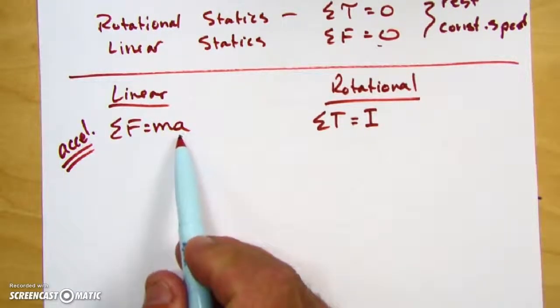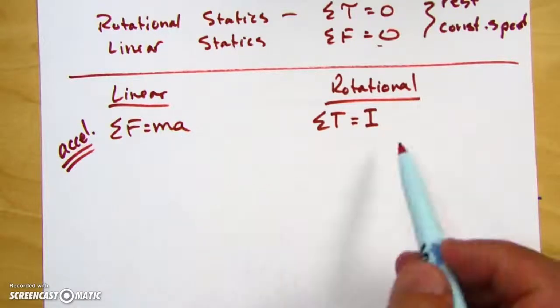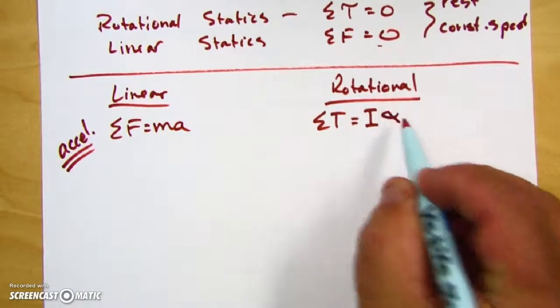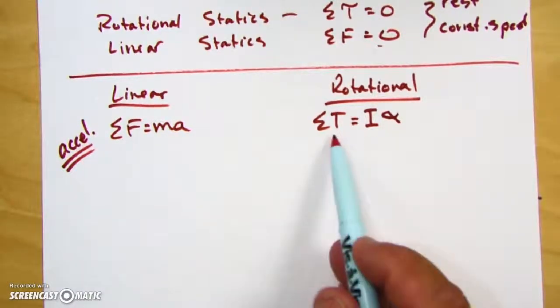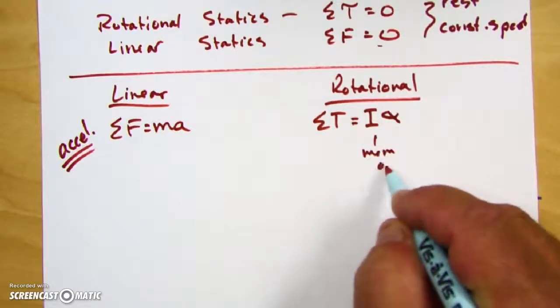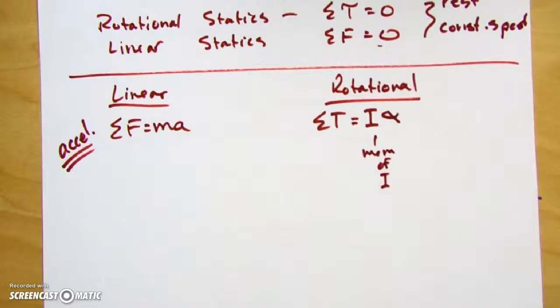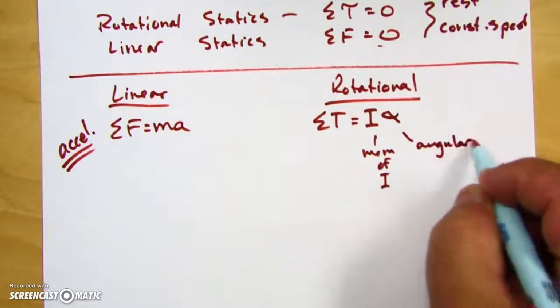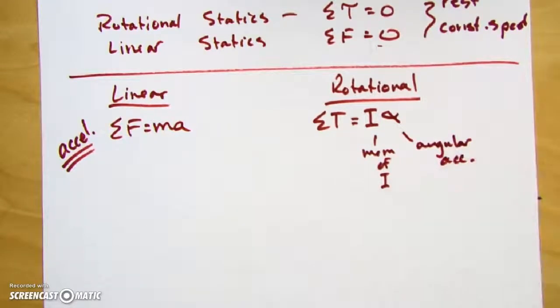And then, of course, the acceleration in the linear world also has a corresponding acceleration in the rotational world, which is alpha. So the sum of the torques equals I times alpha. This is the moment of inertia, which again depends upon the shape and how the mass is distributed. And this is angular acceleration.